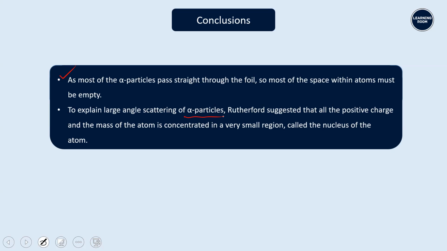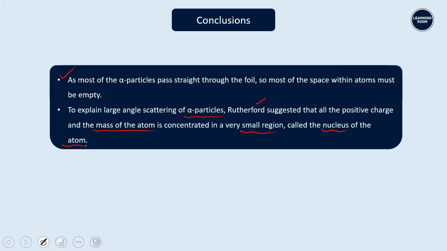To explain large angle scattering of alpha particles, Rutherford suggested that all the positive charge and mass of the atom is concentrated in a very small region, and that was the first time for which this name called nucleus of the atom was coined. That small region was called as nucleus. Till then, people didn't know that something called as nucleus existed.